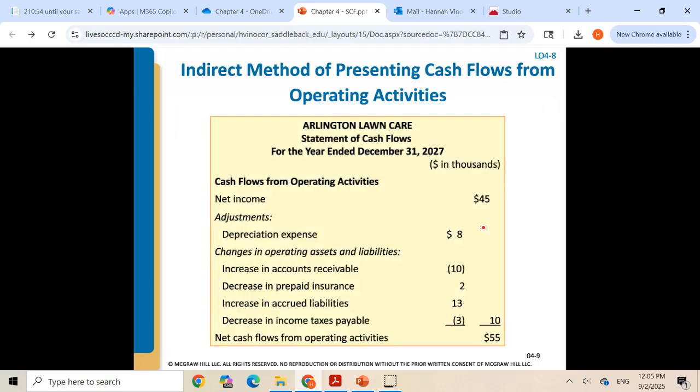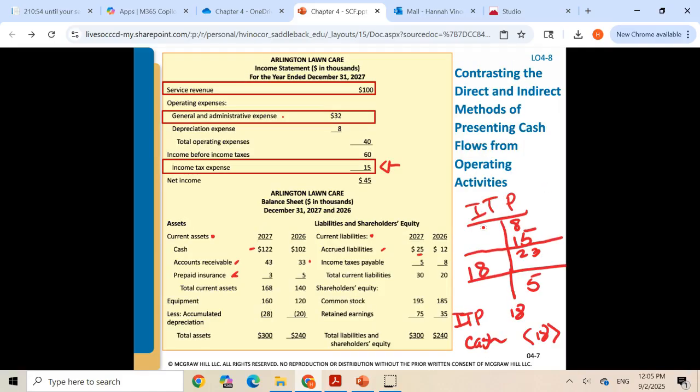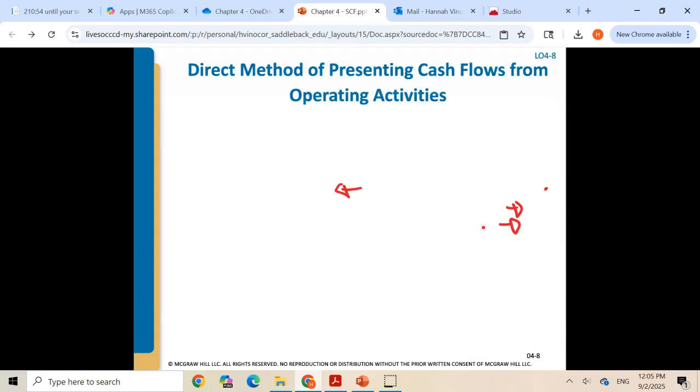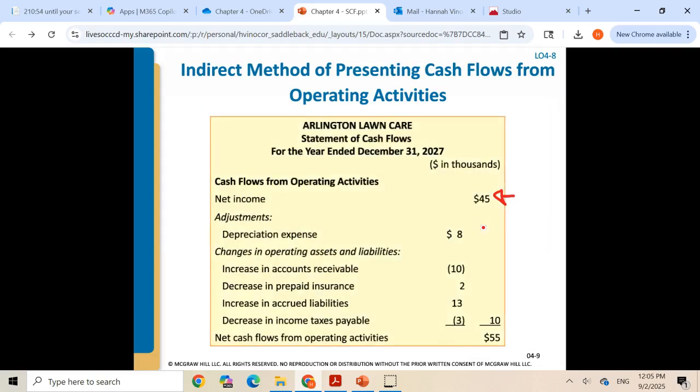Let's talk about the indirect method. And again, for the indirect method, you still need your comparative balance sheet and your income statement for the period. In the indirect method, we're going to start with our net income from our income statement, $45, which is right here. And then we're going to back out any adjustments that we know are non-cash.